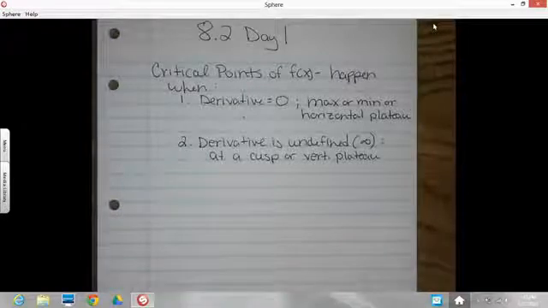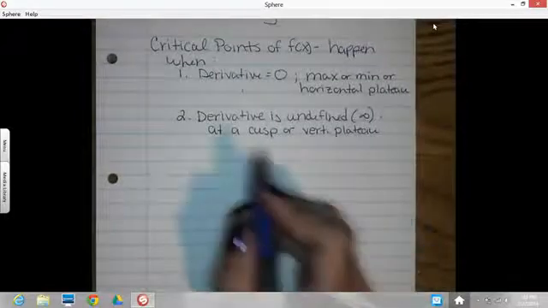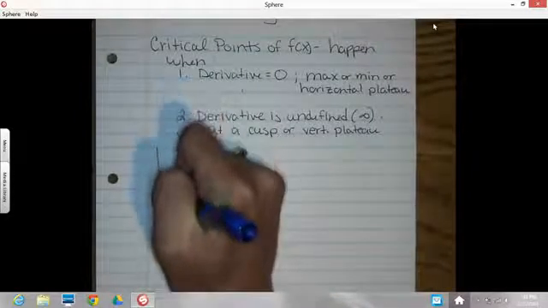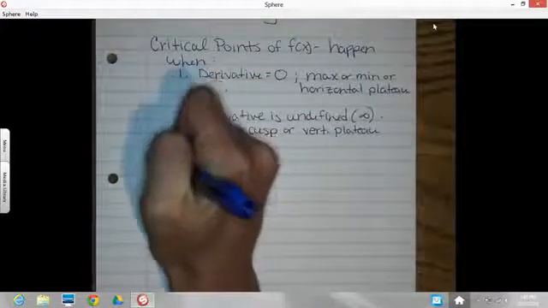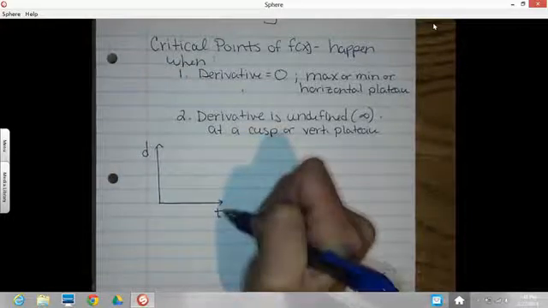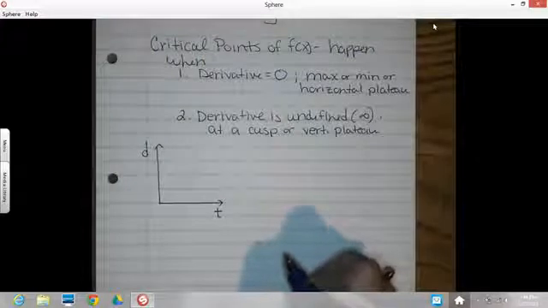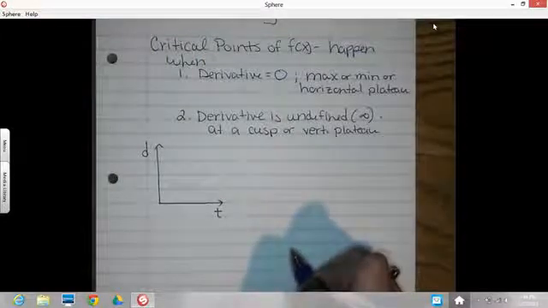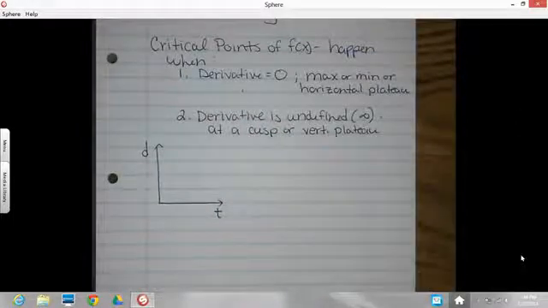So let's look at a couple of graphs to pick out what's going on. We're going to look at 3 distance time graphs. Distance and time. So we've got a car that stopped, takes off, pauses, then takes off again. Okay, so here's our car.